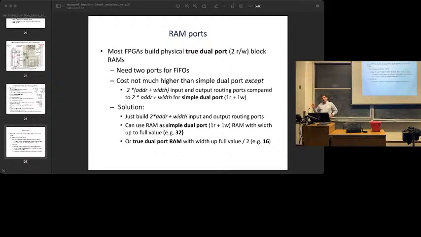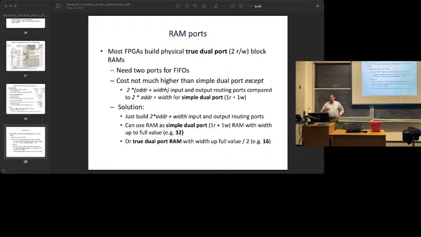basically the trade-off that most FPGAs make, is they'll use this true dual port RAM cell or RAM core, but they won't build enough routing ports to use it in its maximum word width. Okay, because those extra routing ports are just too expensive. They don't want to put them in just to allow true dual port with wide words. So they'll just build the number of routing ports that is needed for simple dual port.